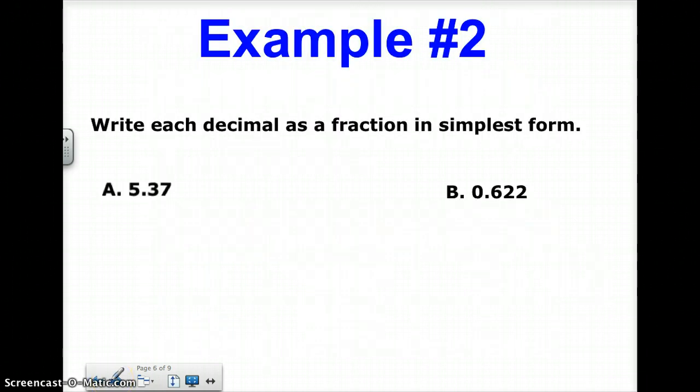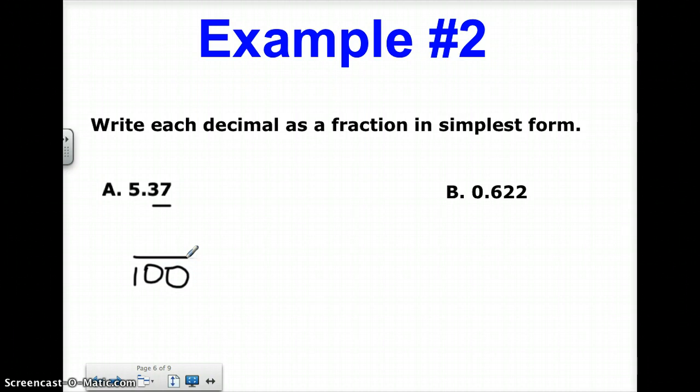And the first problem we are going to try is 5.37. We notice where the last digit to the right is located. The 7 is located in the 100ths place. That's the denominator of our fraction.